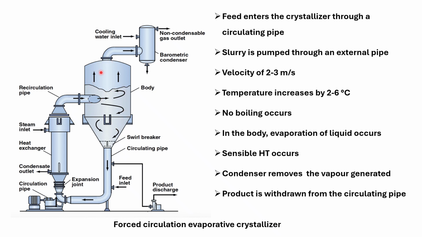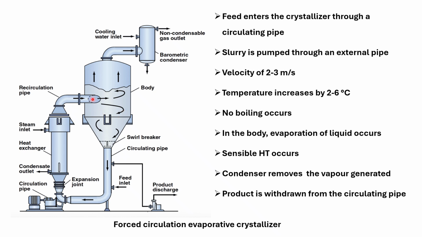Since it is heated, supersaturation begins to occur, and whatever water is evaporated is removed by the condenser. There is continuous vapor removal through the condenser, and the concentration occurs in the evaporator, by which the solution is also cooled.